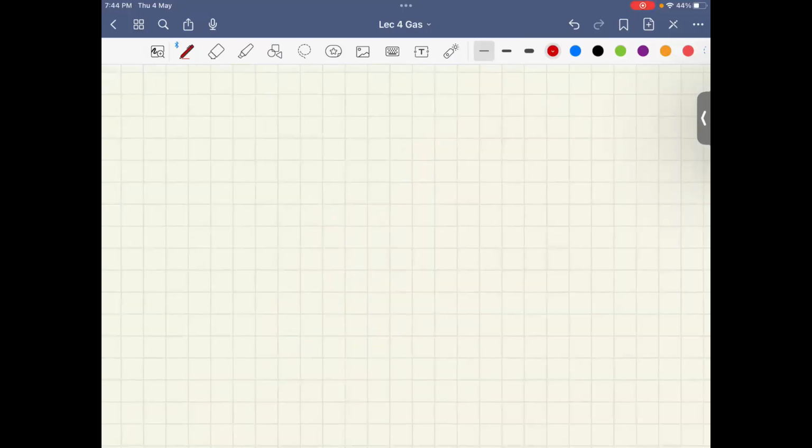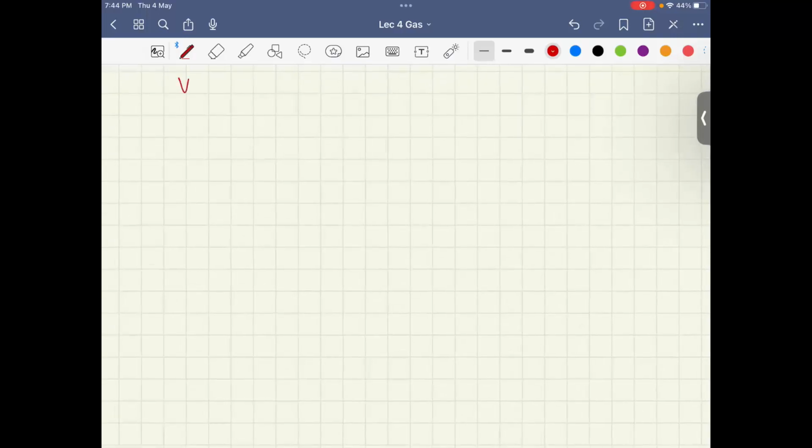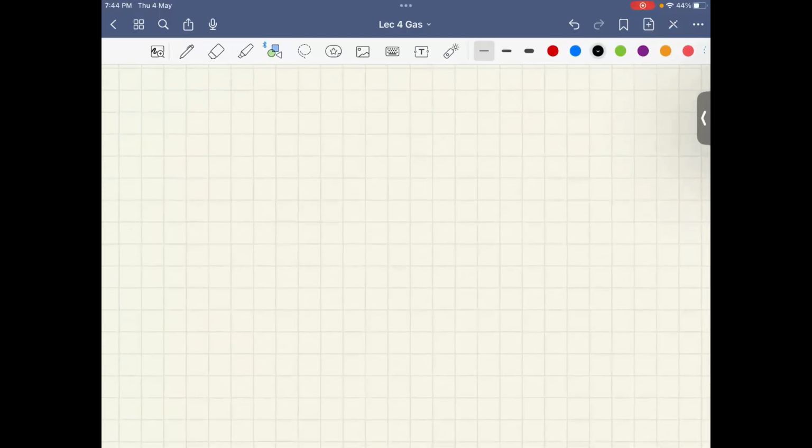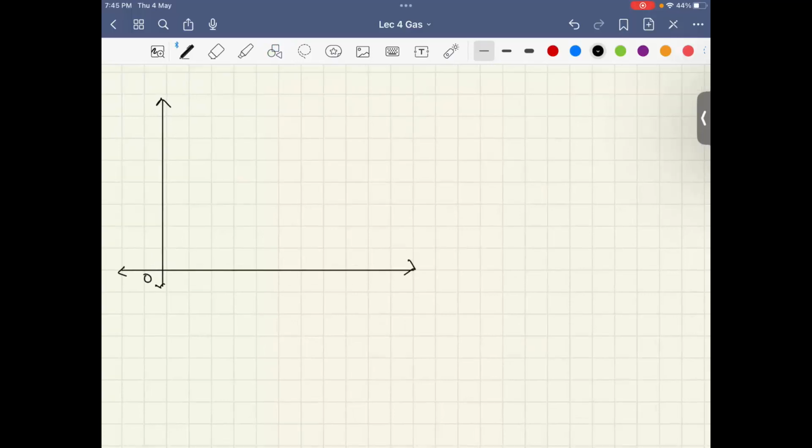So as per this, volume is directly proportional to temperature. That means volume over temperature is going to be constant, or volume is nothing but some constant multiplied by temperature. So when we plot the graphs, the nature of the graphs is going to be like this. This is 0.